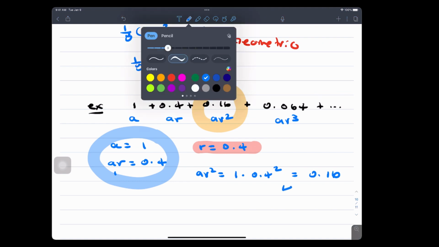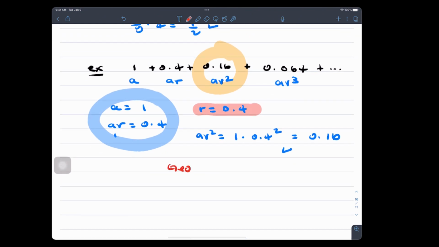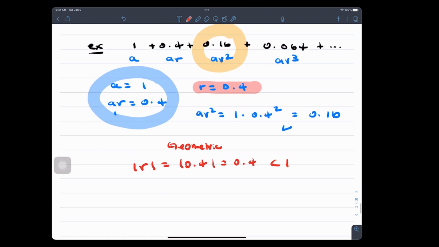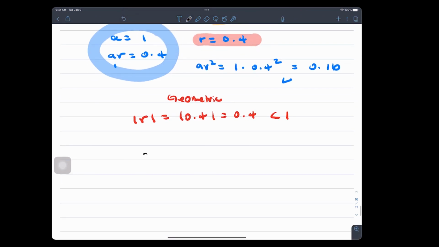So because that's true, what do you guys know? This is going to be geometric. So the absolute value of R now is the absolute value of 0.4, that equals 0.4. Is that less than 1? So what do you guys know? You have convergence.